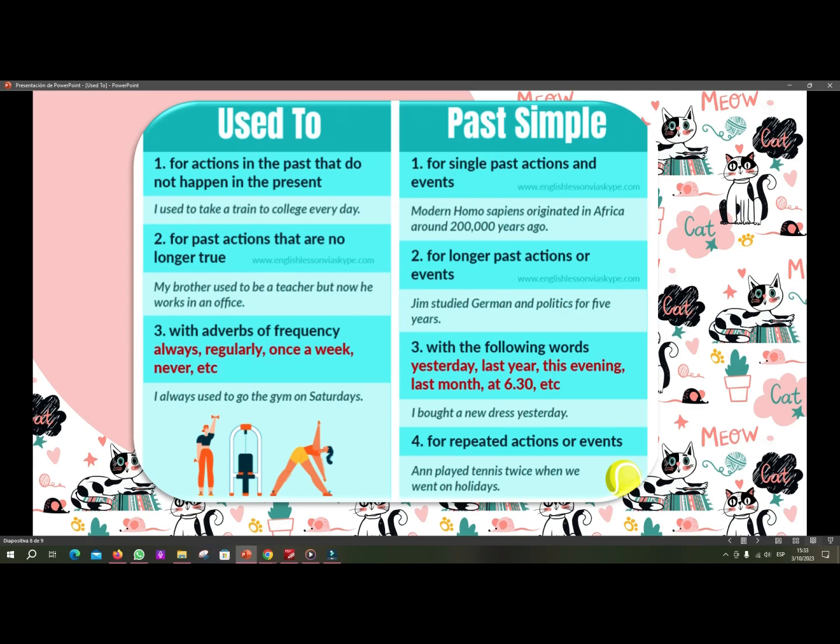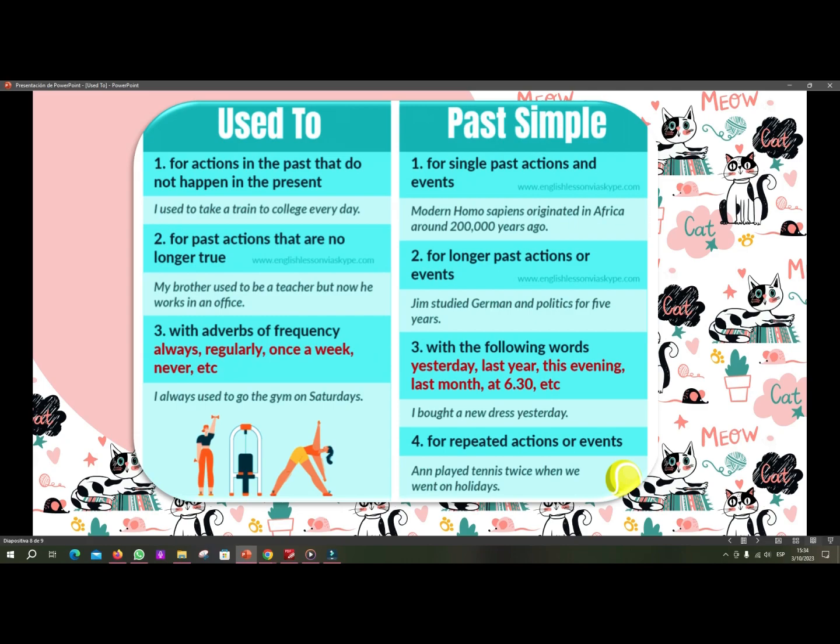Never, etc. So you can use those frequency adverbs or frequency expressions with used to. For example, I always used to go to the gym on Saturdays. I usually used to go to the beach on holidays, for example, right?